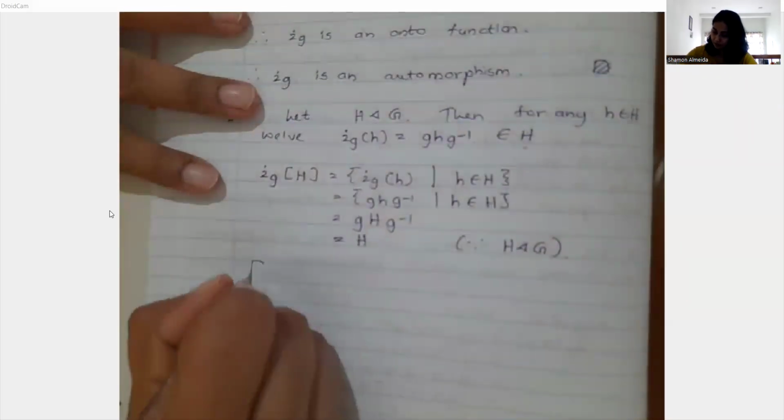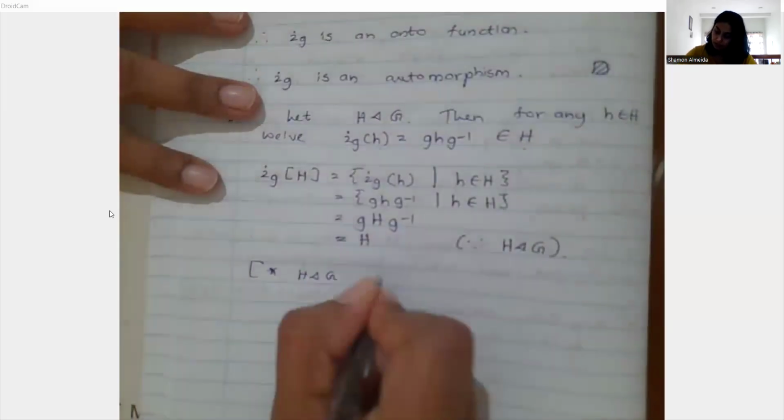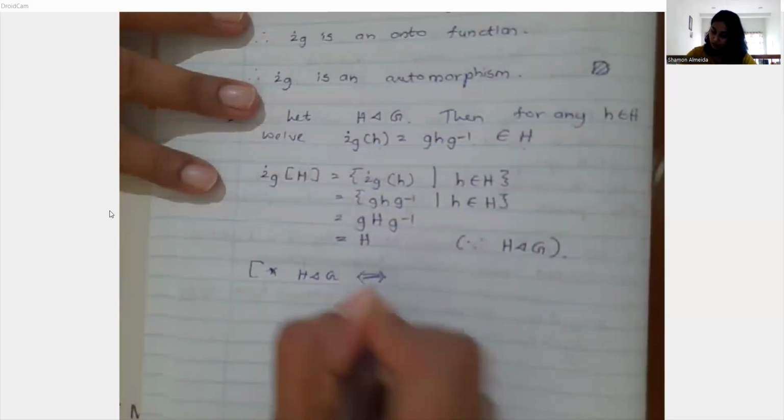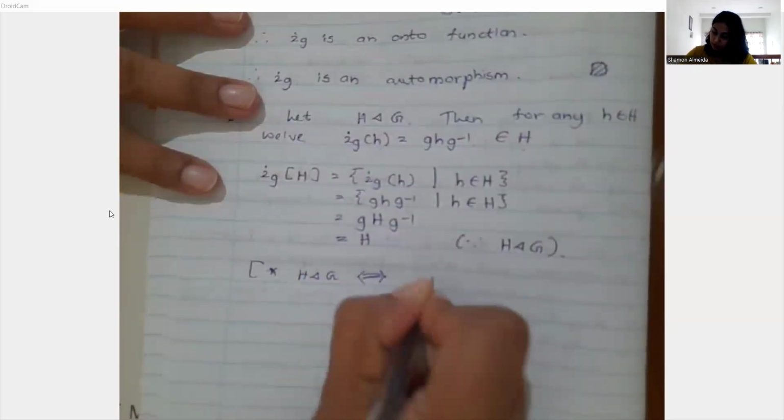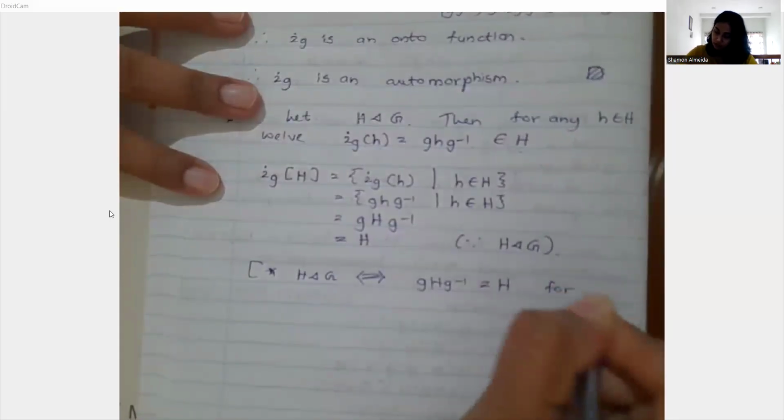Right? I will simply put it over here. H normal in G implies, if and only if really, g H g inverse equals H for g in G.